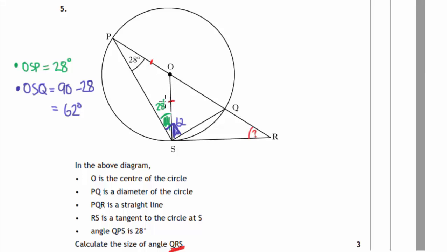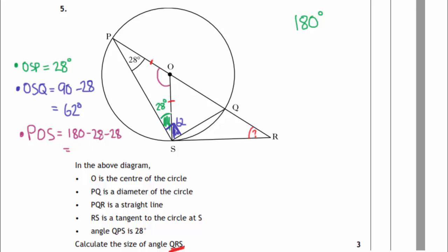Now, that's us working towards finding out this angle. From this, we can actually work out this angle, because 28 degrees, 28 degrees. Remember, 180 degrees in a triangle. So if we think of the angle POS, that's going to be 180 minus 2 lots of 28.